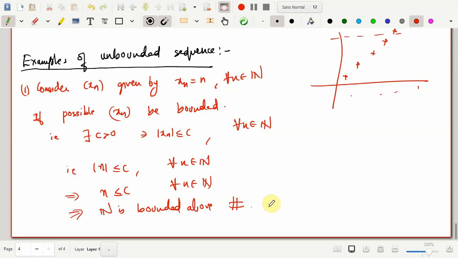Okay, bounded above in R. So why are we getting this contradiction? Because our assumption that xn is bounded is not true, and therefore we say that xn is unbounded in R. Take a note that whatever property I'm talking about here is for a sequence of real numbers only, as we are discussing real number systems.